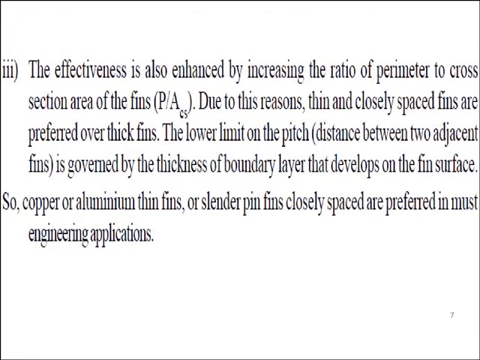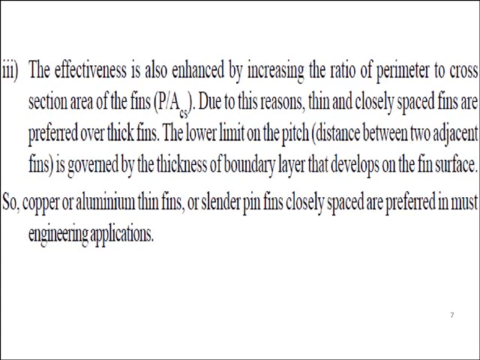Also, we can say that if we want to increase the effectiveness of the fin, the ratio of perimeter to the cross section area must be very high. So if we want to increase this ratio, instead of using one thick fin, we have to use a large number of thin fins.